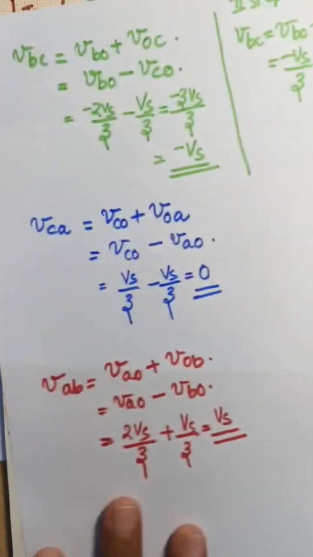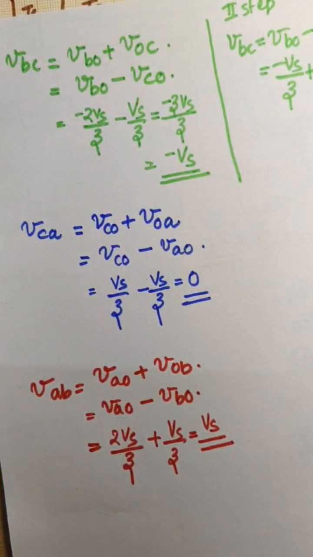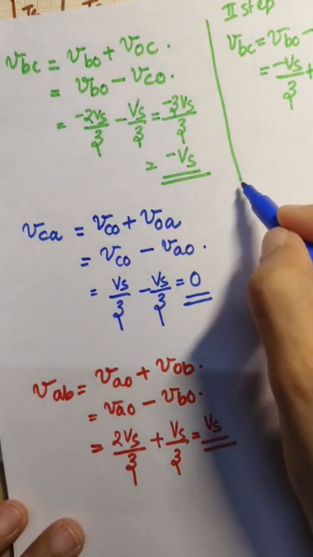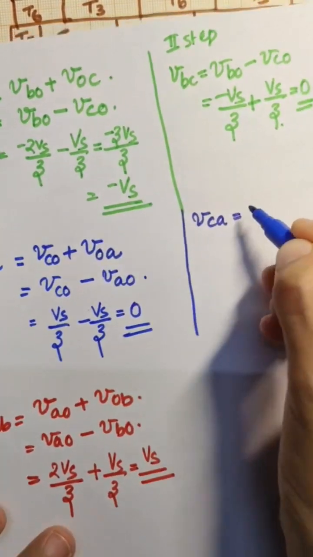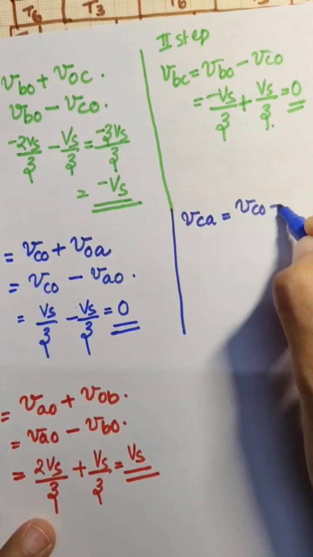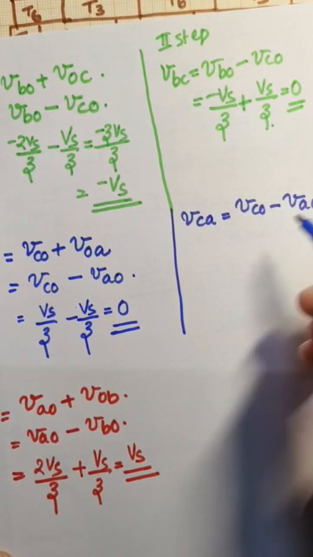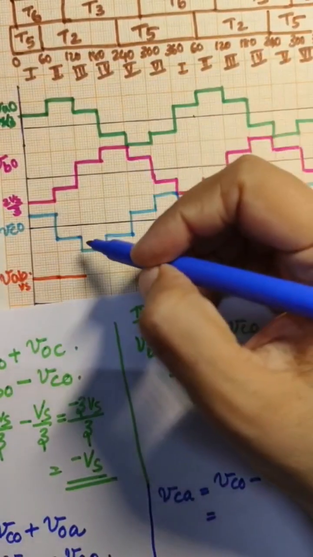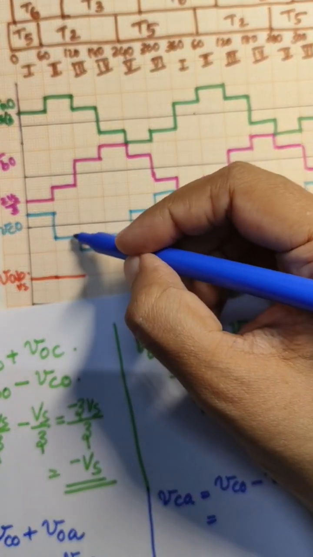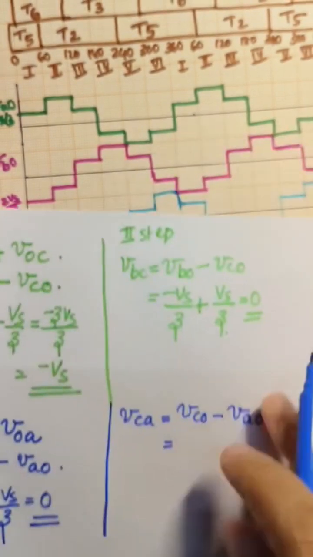Then VCA. VCA is equal to VCO minus VAO. VCO voltage is minus Vs by 3.